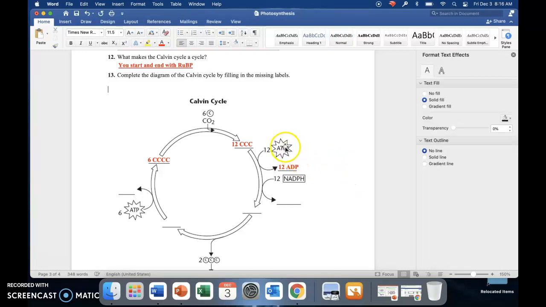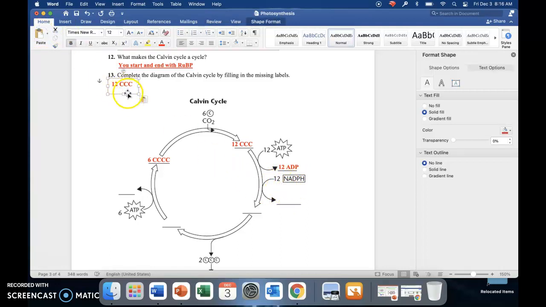Once that phosphate gets broken off, that gives us energy. Same thing down here with NADPH. What is going to happen is the hydrogen gets broken off, so we end up with NADP+. Sorry about that, need to stretch this out a little bit.